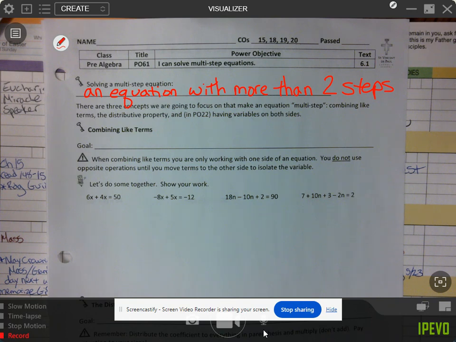So, combining like terms, our goal is to simplify the equation by combining like terms. So what we've been trying to master from the last objective.